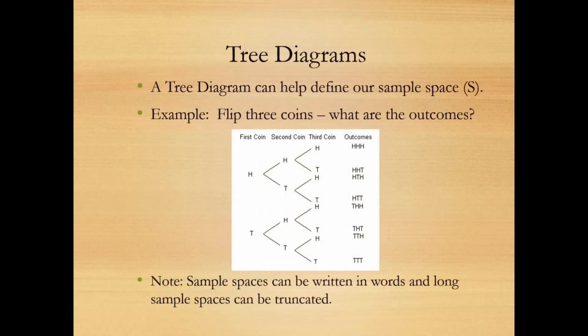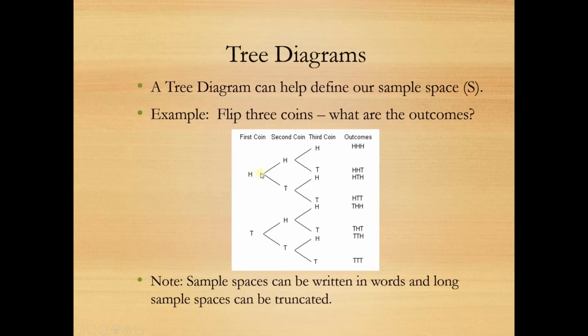So here's a tree diagram. You're going to actually learn tree diagrams later in a different kind of way. But if we just need to figure out the number of outcomes, and it's with more than two things like flipping 2 coins, if we flip 3 coins, this might be a good way to figure out the way that these can all occur. So the first coin would be a head or a tail. So let's say you get a head.